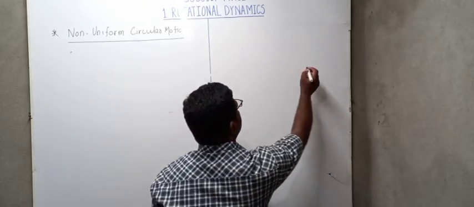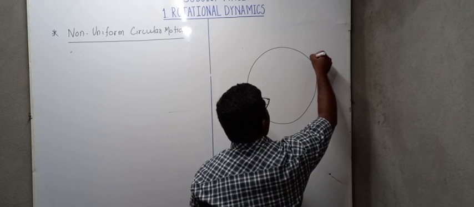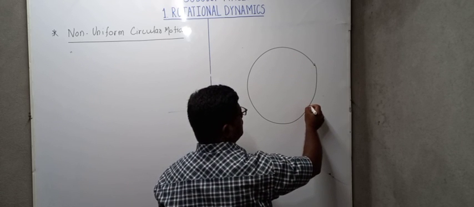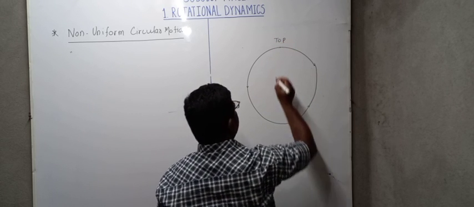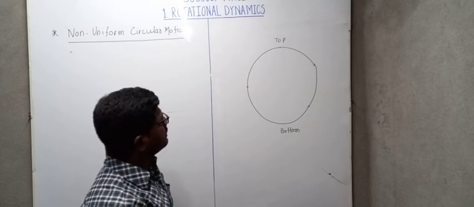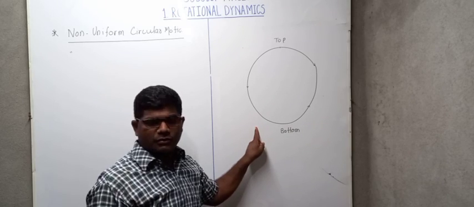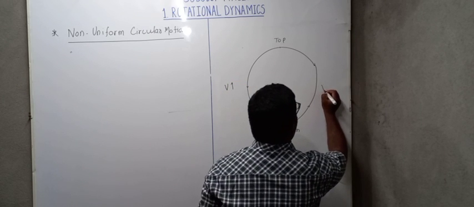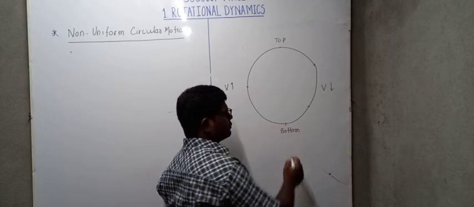We know in vertical circular motion, the speed of the particle increases when the particle is moving from top to bottom, while the speed of the particle goes on decreasing when the particle is moving from bottom to top.